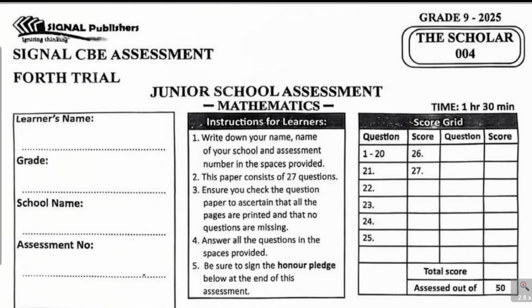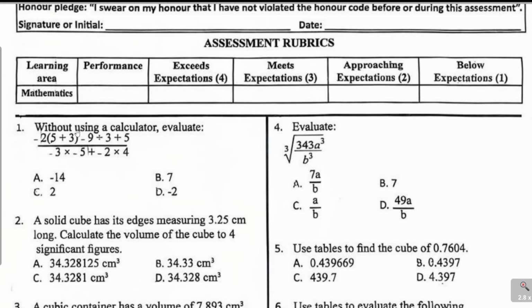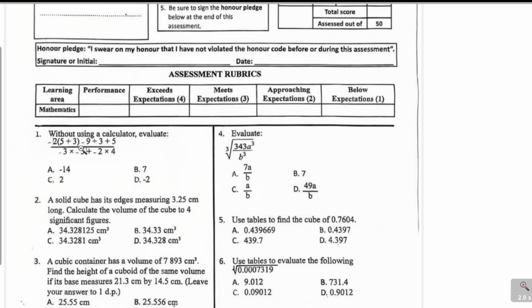So let's go through the first section of the paper. So the first section is here. Question 1, without using a calculator, evaluate. Without using a calculator, you're supposed to evaluate this question.